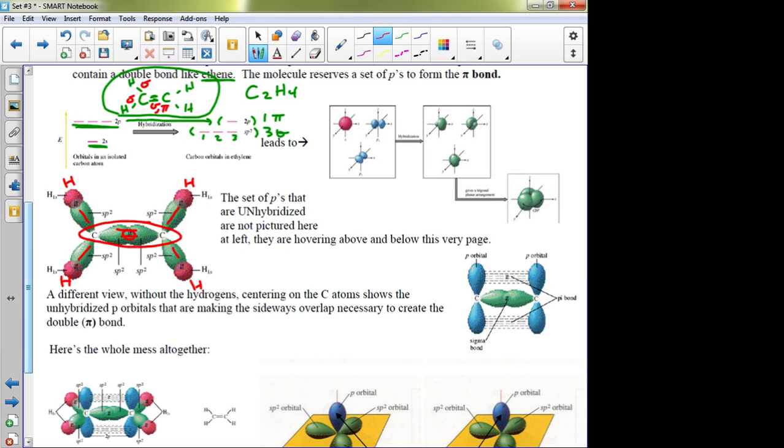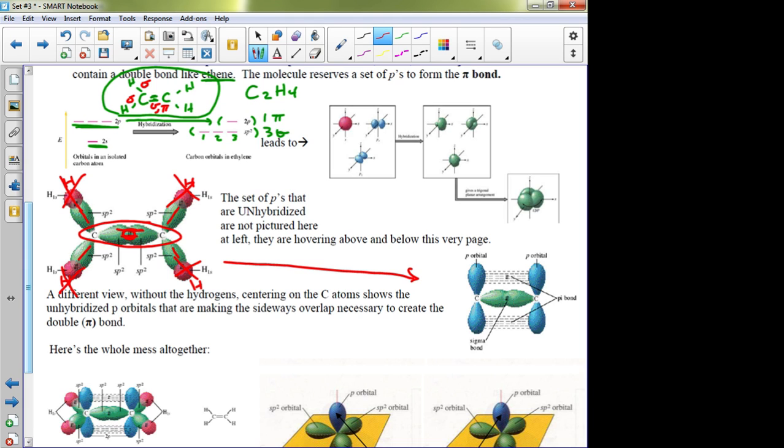And then here's my sigma bond out of that double bond where the p orbitals of these 2 carbons are colliding head-on. Does everybody see it? They're definitely colliding head-on. Now, if we take away the hydrogens and pretend like they're not there, we get this picture. Okay? So notice, this is just showing the double bond between the carbons.